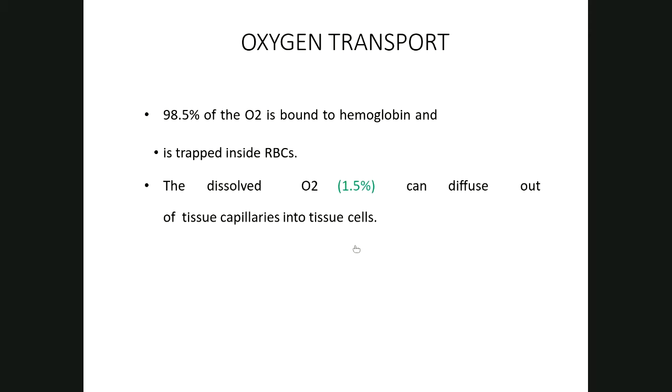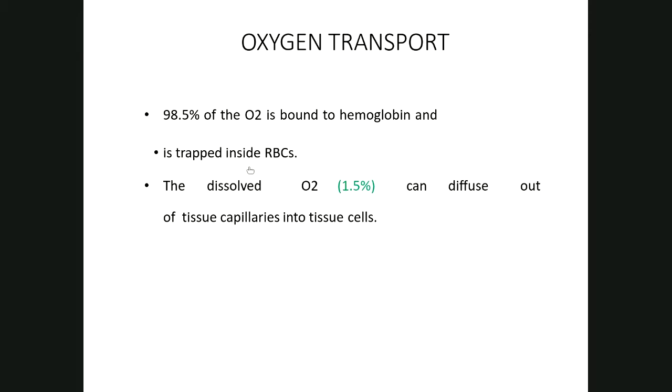One important thing to mention in oxygen transport is that the majority of oxygen is transported in the blood bound with hemoglobin, which is inside the red blood cells. So this is the majority of oxygen.